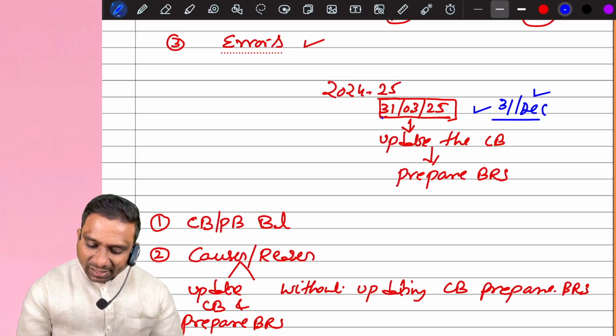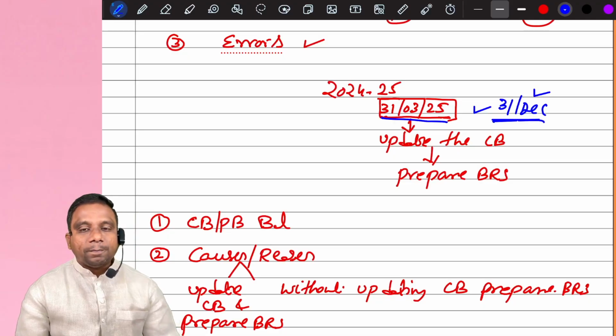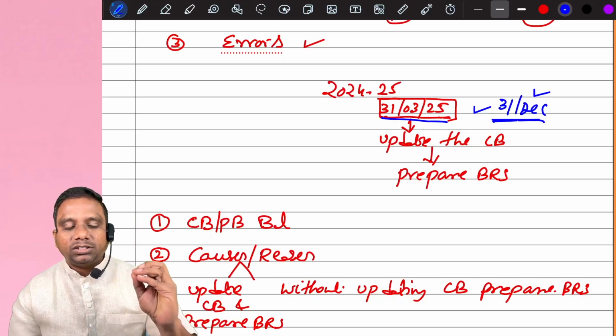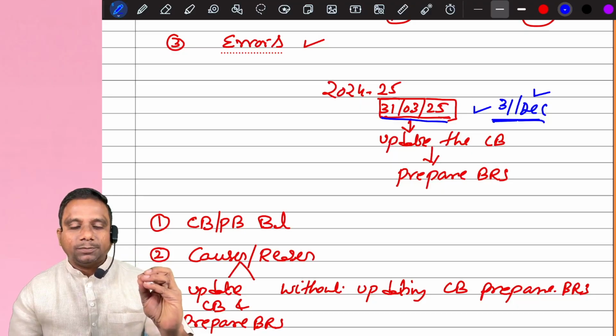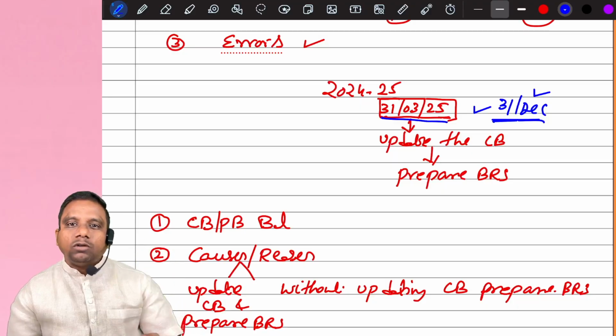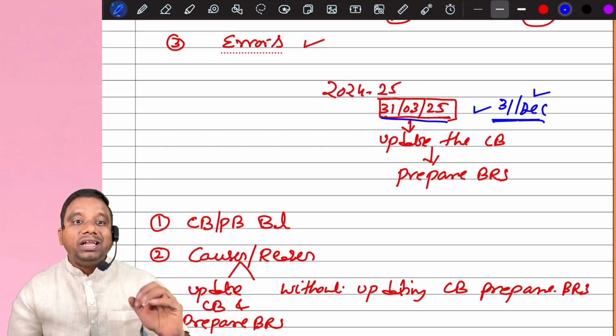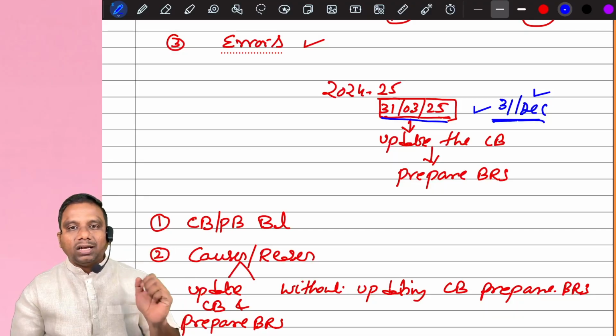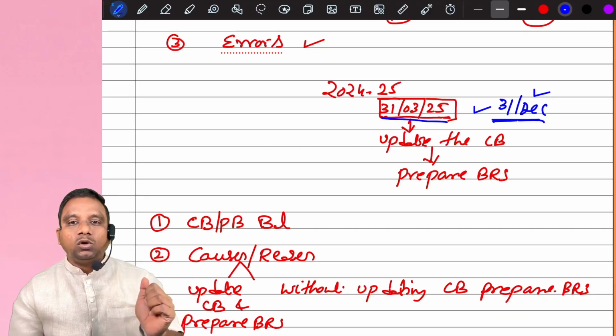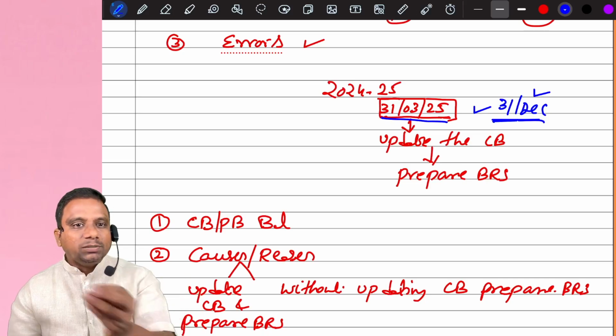So if you get these dates, 31st March or 31st December, you have to write a clear assumption. Here it is assumed that the books of accounts are closed on this date. Accordingly, an adjusted cash book or updated cash book or amended cash book is prepared.